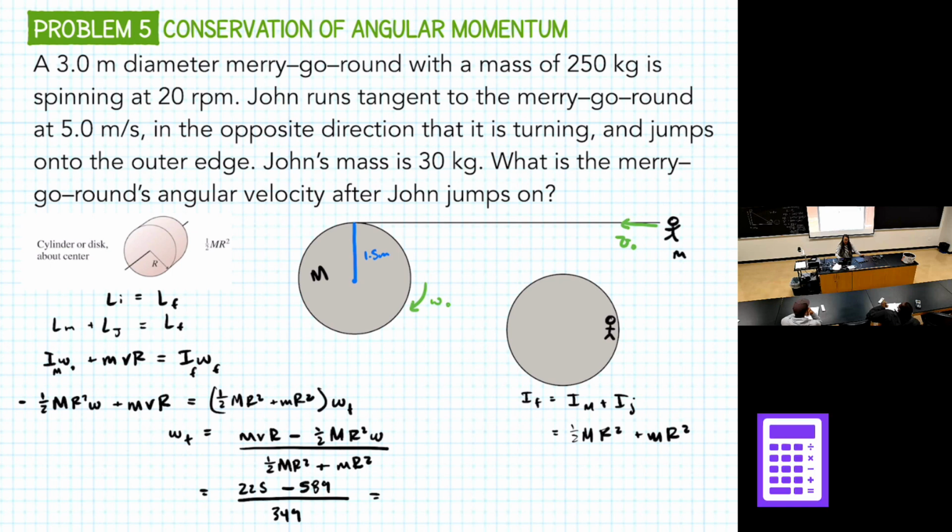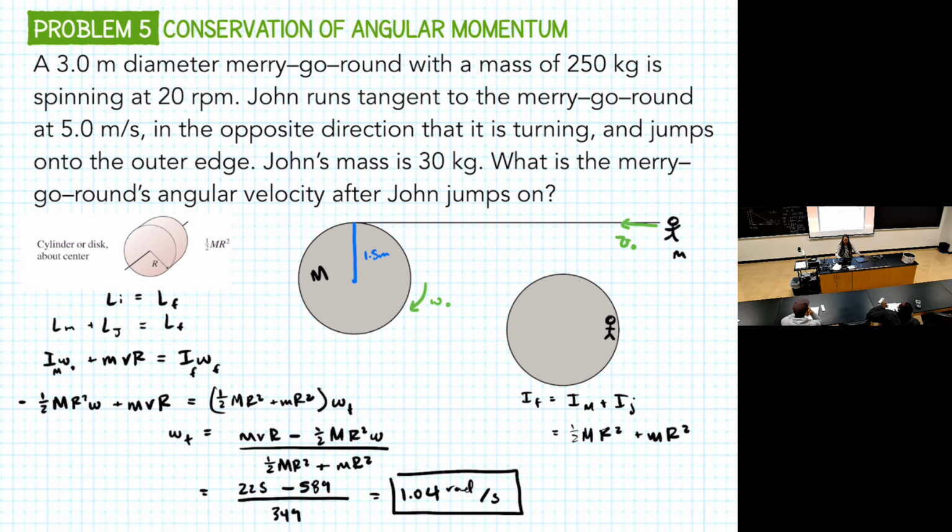But it gives us 1.04 radians per second. Did anybody get that? That's something kind of around there. What'd you get? 1.16. It's good enough. It's one-ish radians per second.